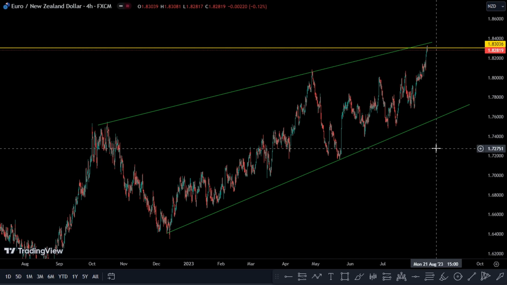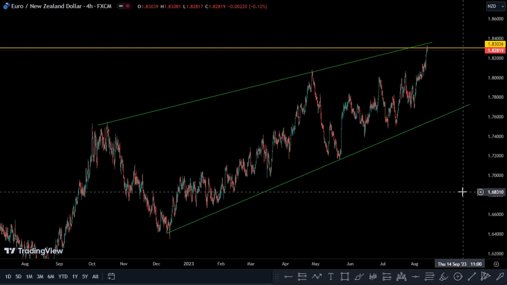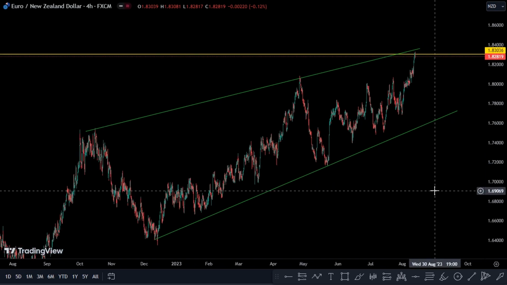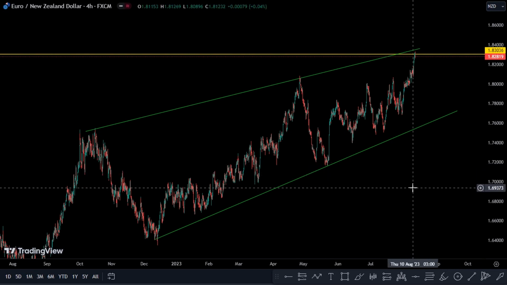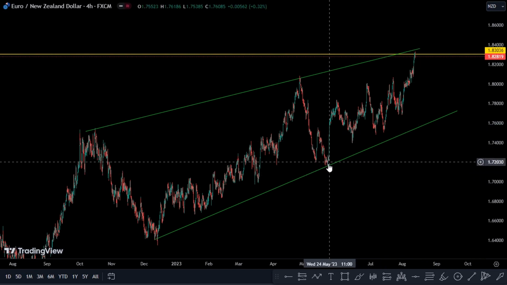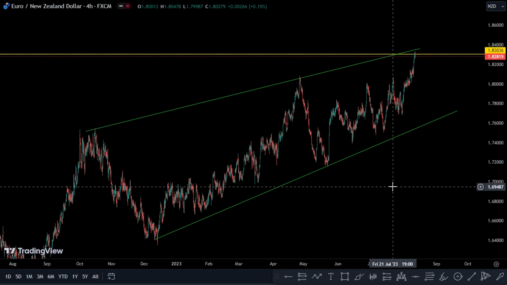Then we have swing traders, whereby we'll be looking at the market from a daily time frame, 4-hour time frame, and then we'll be taking trades that will be holding for a couple of hours, 4 hours, a day, or even a week. And then we also have scalpers, which are people who just want to capitalize on the current movement of the market. Those people will be taking trades on a 5-minute time frame, 15 and 30 minute time frame.